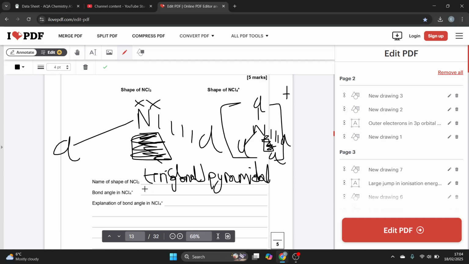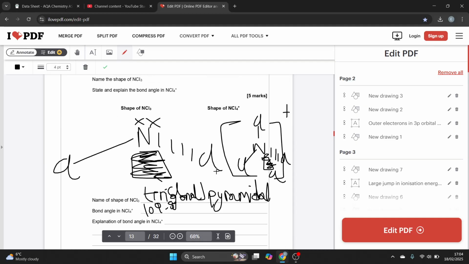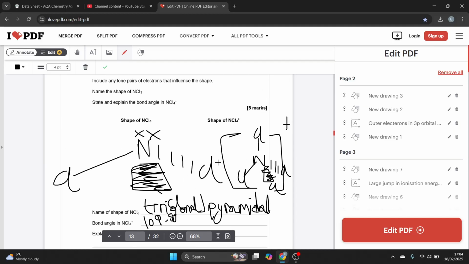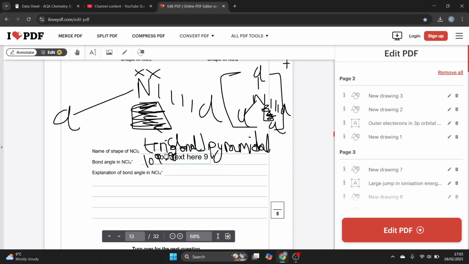NCl4+, that's going to be tetrahedral. But no, we want a bond angle, sorry. So 109.5 degrees. And the thing about NCl4+ is you can't talk about lone pairs of electrons for your explanation of the bond angle, because it's got 0 lone pairs. It's got 4 bonding pairs, 0 lone pairs. It's tetrahedral.